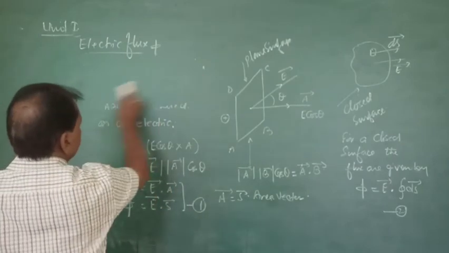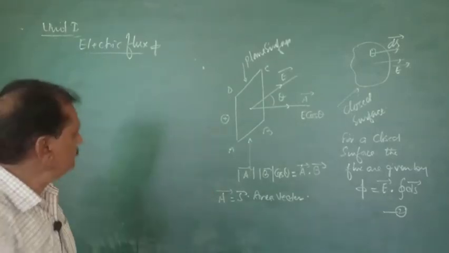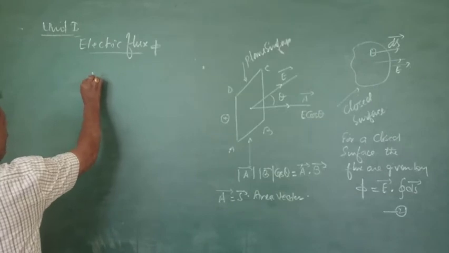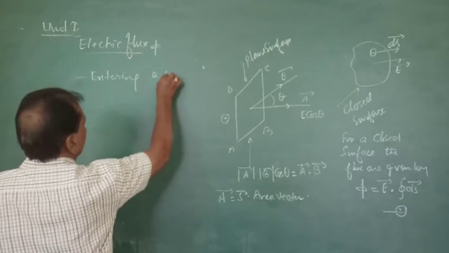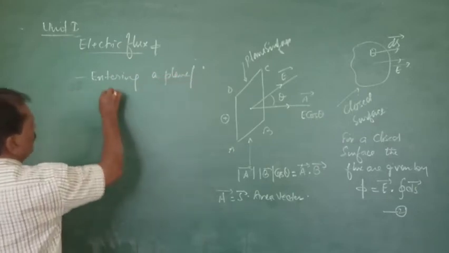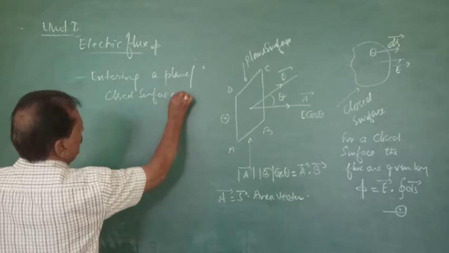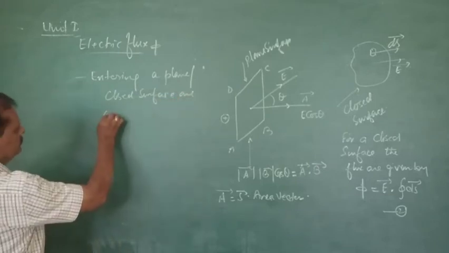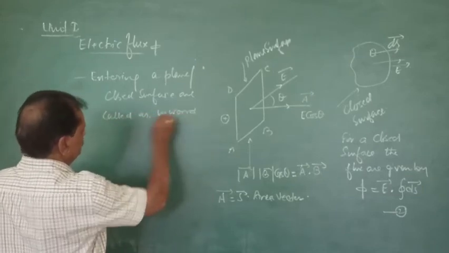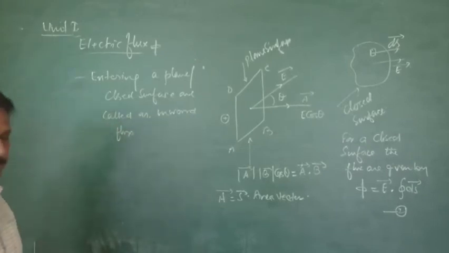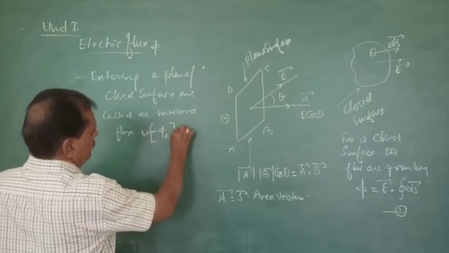Now the electric flux which is entering a plane or closed surface is called inward flux, that is phi I, which is always negative.